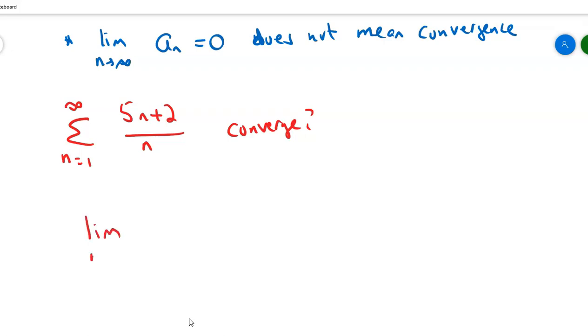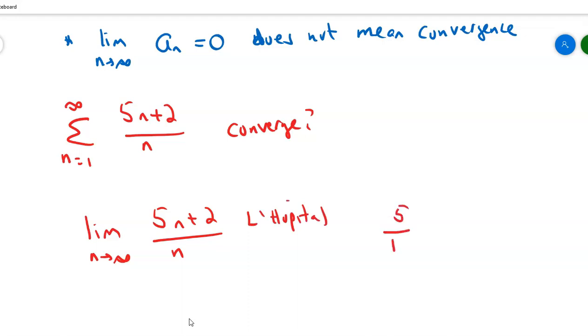Let's take the limit as n approaches infinity of (5n plus 2) over n. Now you could say, all right, so I'm going to get infinity over infinity, so L'Hopital it. I take the derivative of the top and I'll get 5. Take the derivative of the bottom, I get 1. And so the limit is 5. What does that mean?